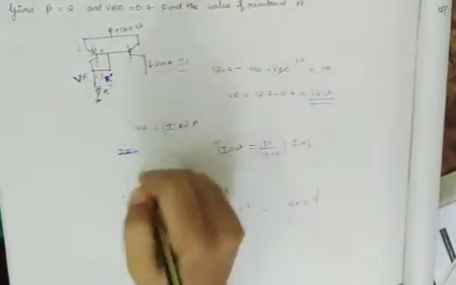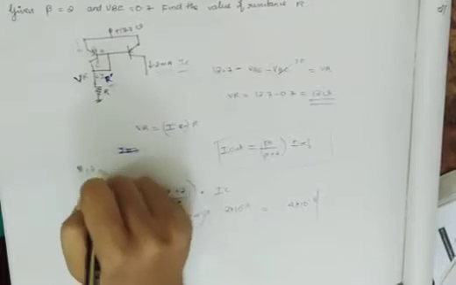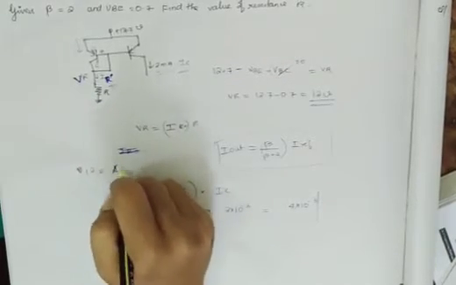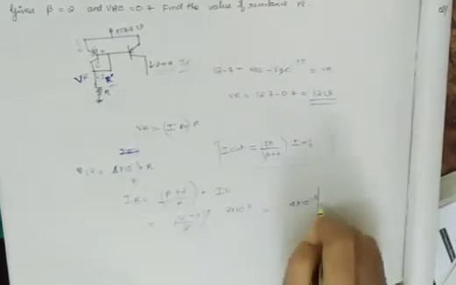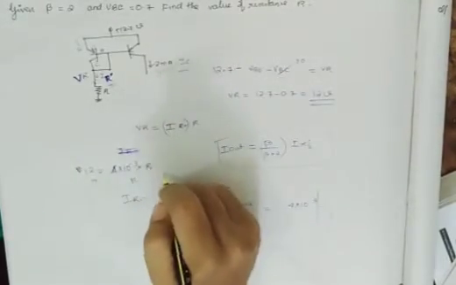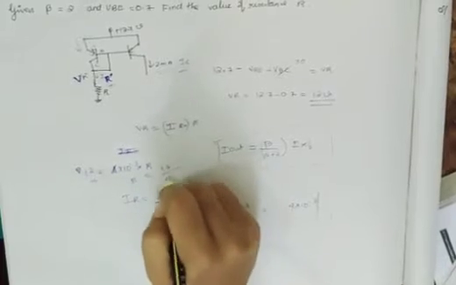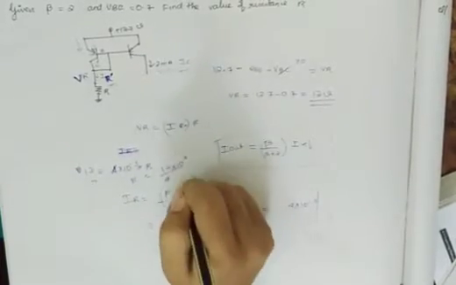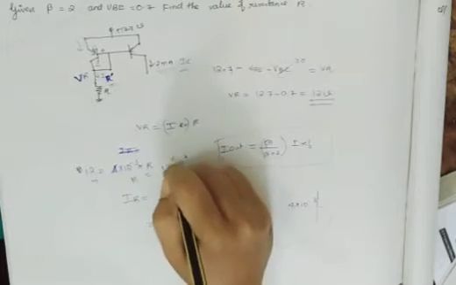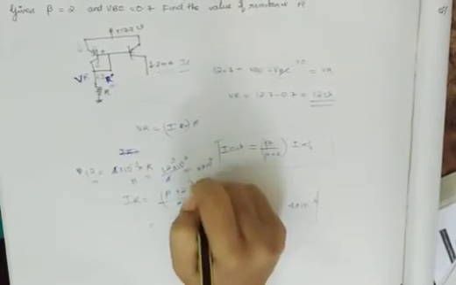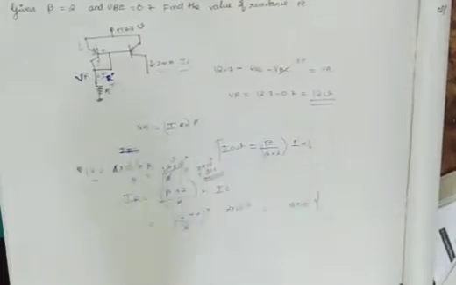Substituting that over here we get 12 equal to 4 into 10 raised to minus 3 into R, so R equals 12 divided by 4 into 10 raised to minus 3, which is equal to 3 kilo ohm.